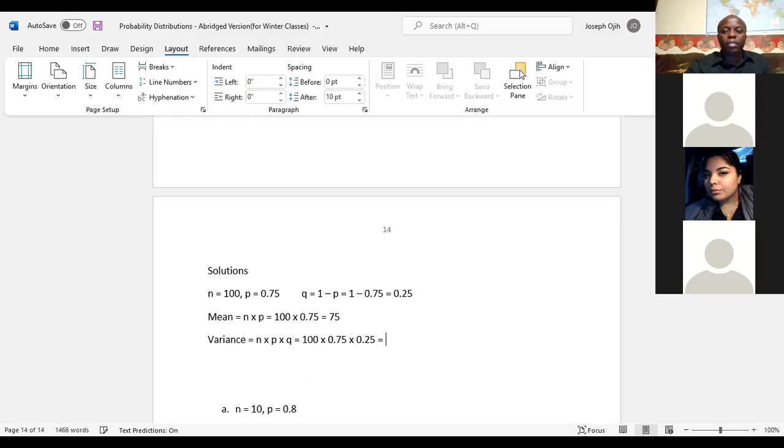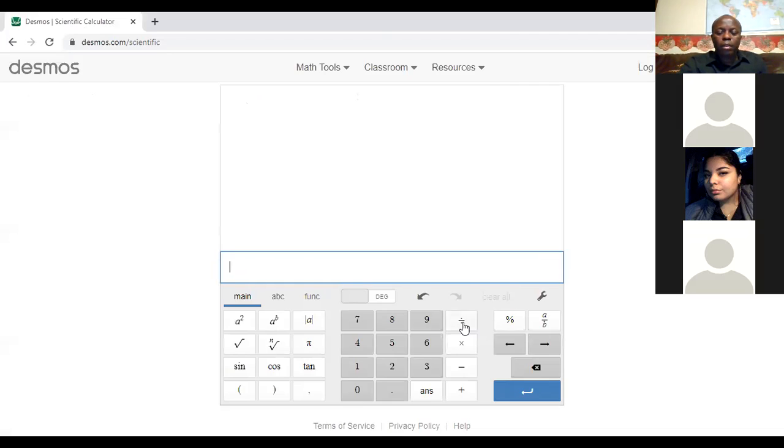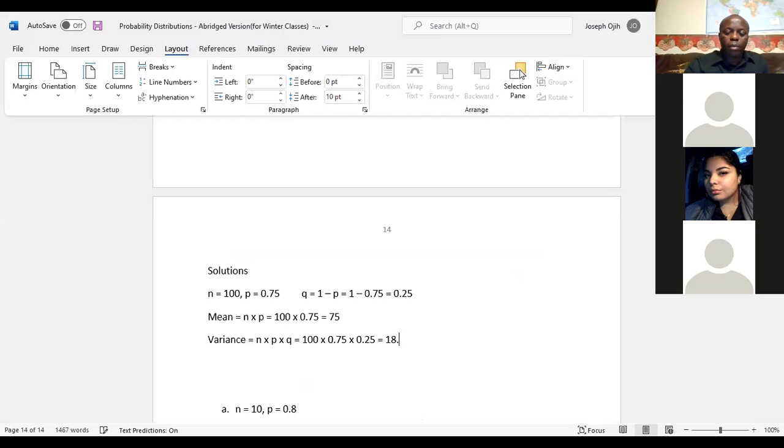So you can see that it's easy. I'm going to multiply this so you get the answer. 100 times 0.75 times 0.25 gives me 18.75. So that's the variance.